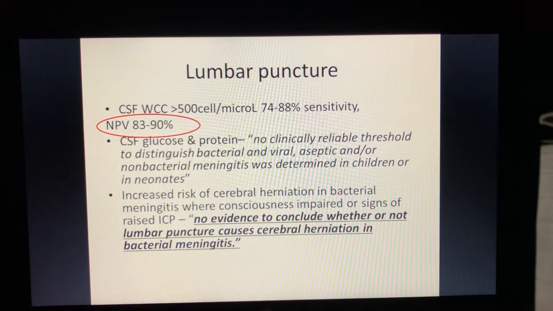Now, of course, some people have thought about using a CT scan, but NICE suggests that CT really is too unreliable to identify risk of herniation from raised intracranial pressure.